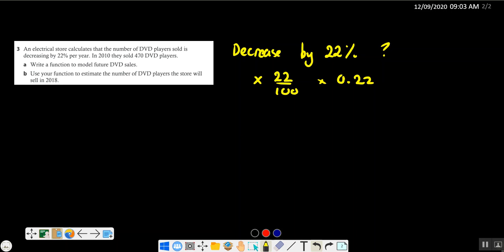Because what do you do when you multiply by 22? You find 22%. I don't want to find 22%, I want to decrease by 22%. So what do I multiply by?